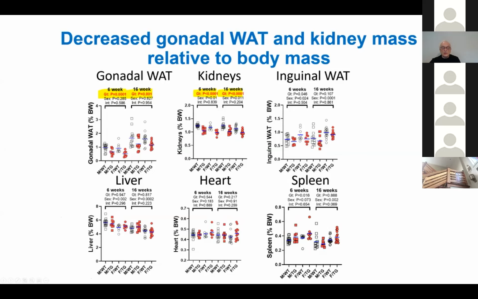The red symbols are the transgenic mice. The white open symbols are wild-type mice, males and females at 6 weeks, males and females at 16 weeks. Same for the kidneys. Both the gonadal fat pads and the kidney size are smaller, but inguinal fat pads, liver, heart, and spleen are more or less the same size.